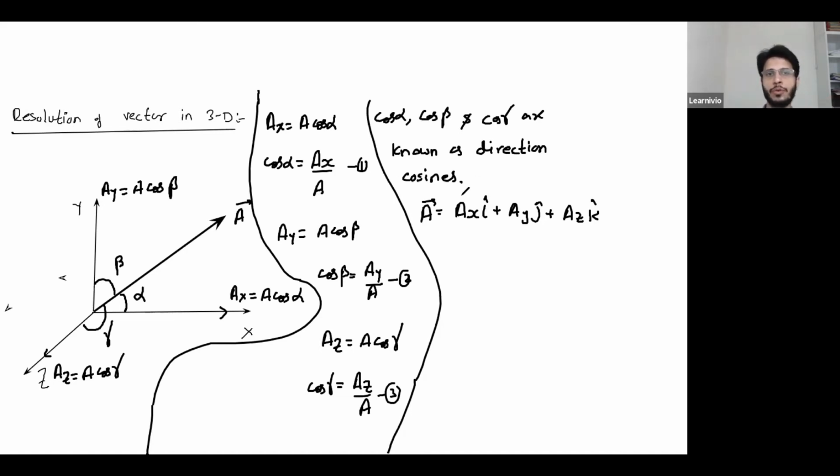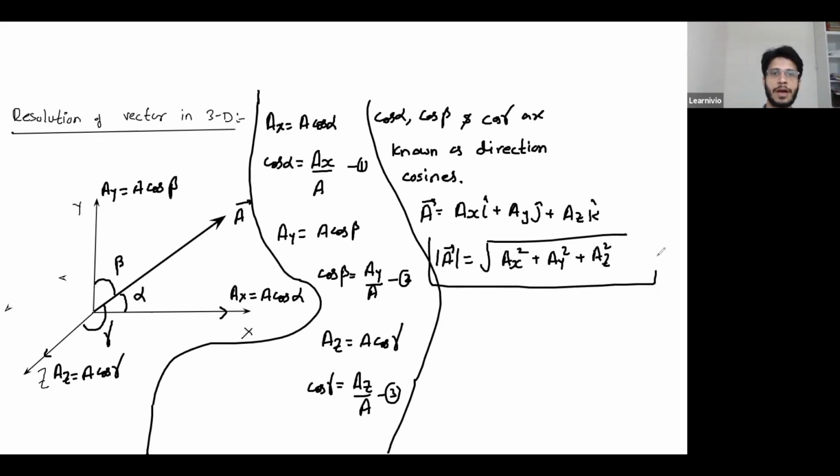You can even write the magnitude of vector A as root over ax square plus ay square plus az square.